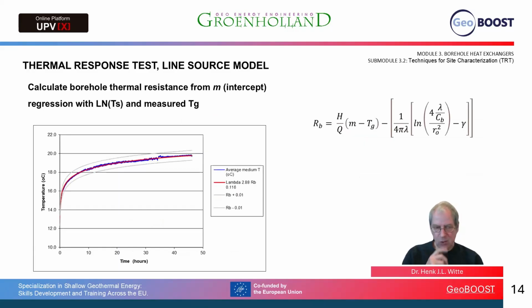Once we've calculated the thermal conductivity, we can plug it into the formula together with the measured temperature, and with the intercept of the regression equation, we can calculate the actual thermal resistance of the borehole.